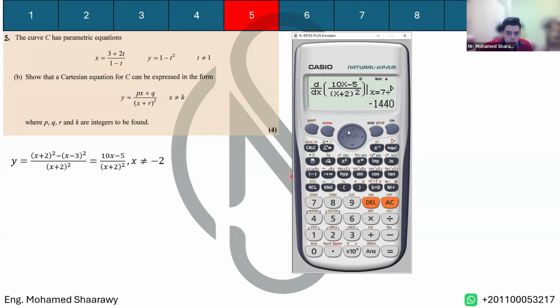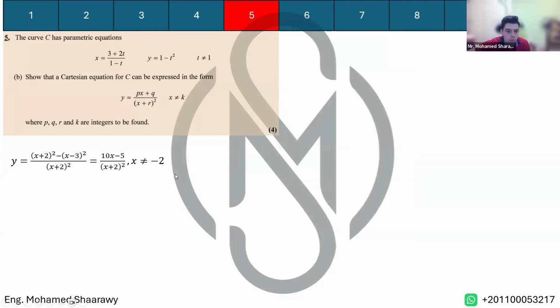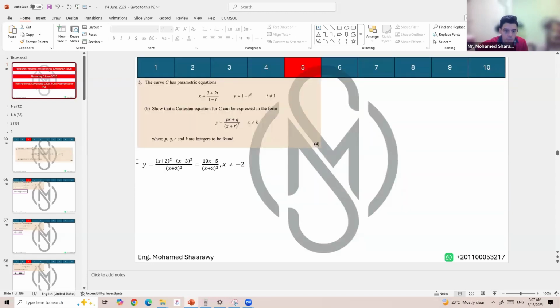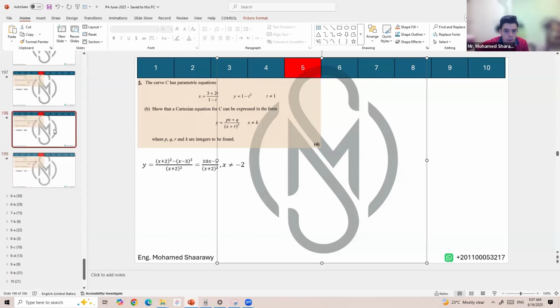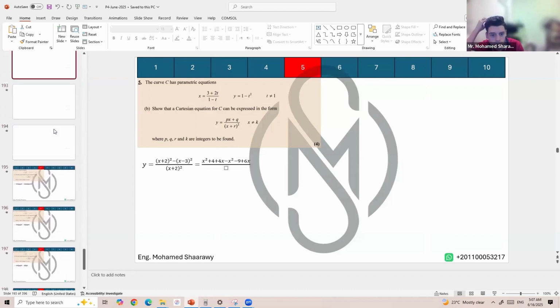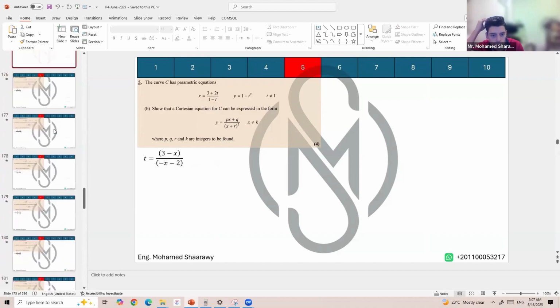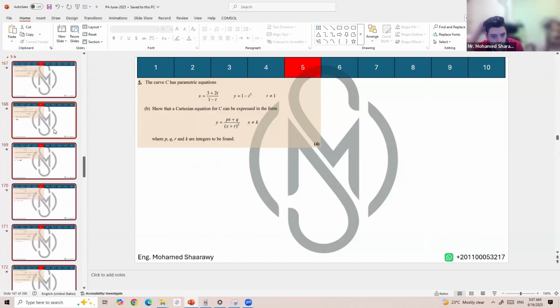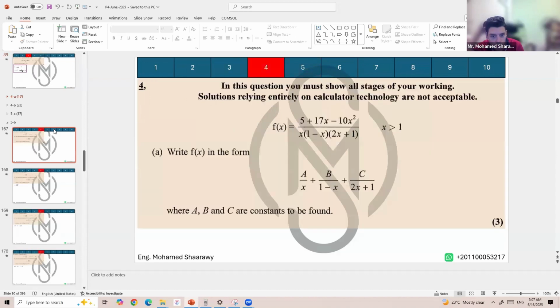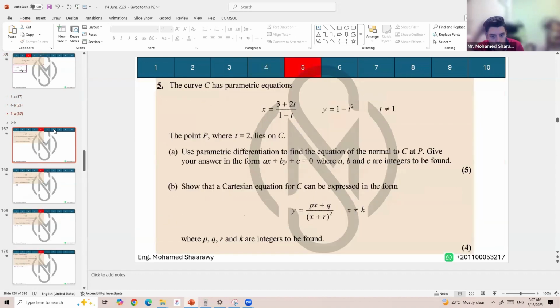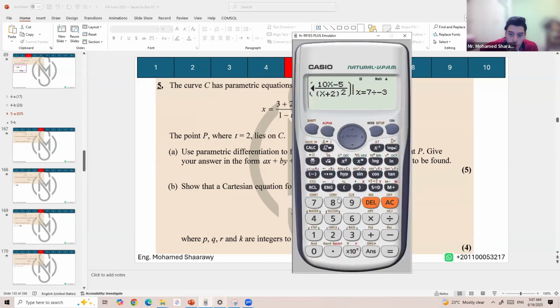oh no, there is some problem. Was t equals 2? Let me remember what the first question was saying. It was asking to get the slope of the normal at some location, right? Yes, it's when t equals 2. Okay, my bad.